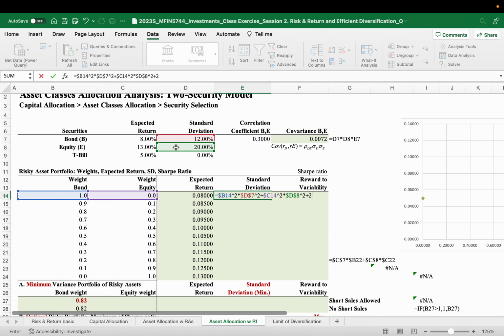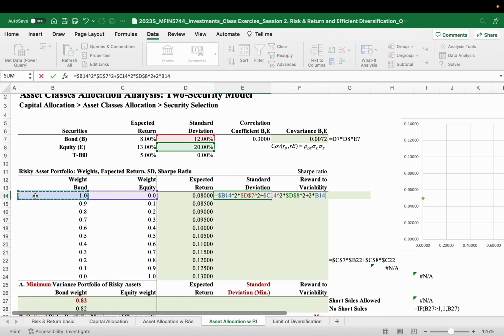now 2 times the standard deviation, I'm sorry, we need to use the weight.